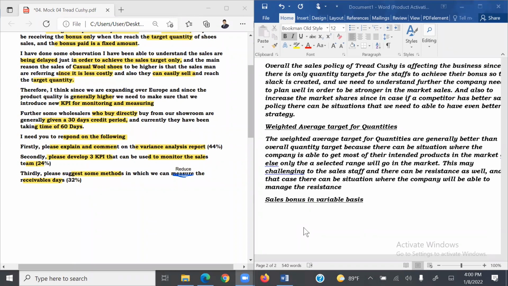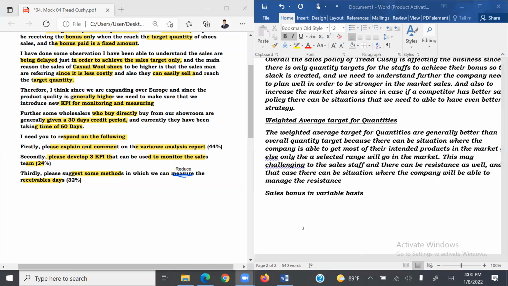So what I'm going to write down here is, students, it's not so complicated. It's very simple. The sales bonus is currently based on a fixed amount.